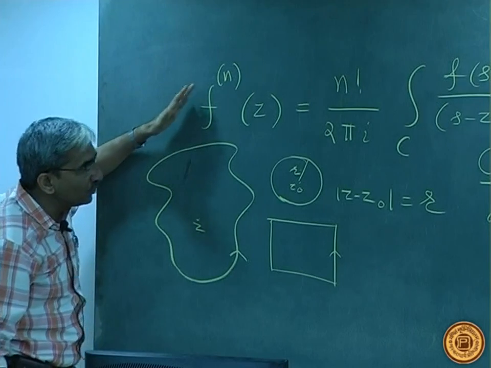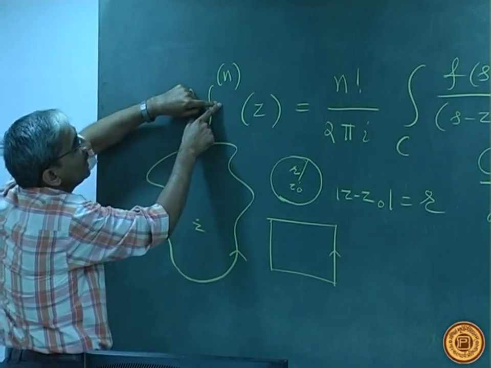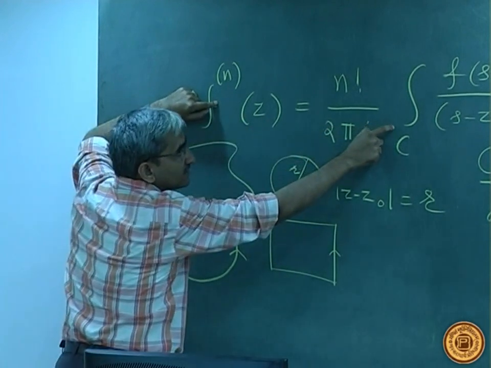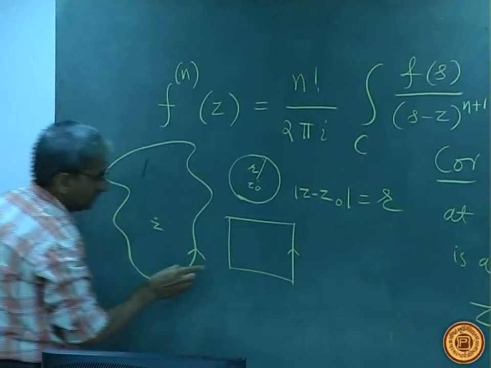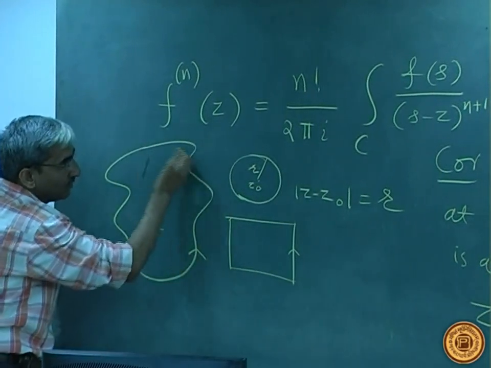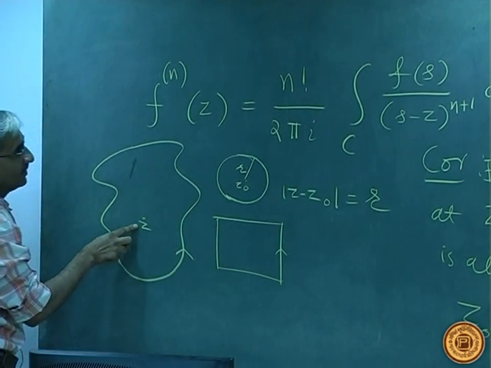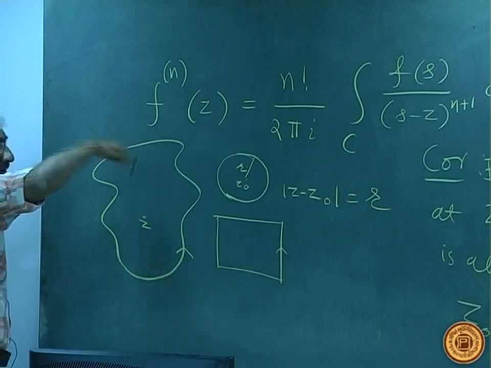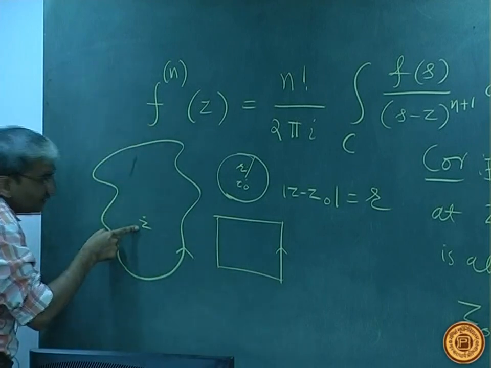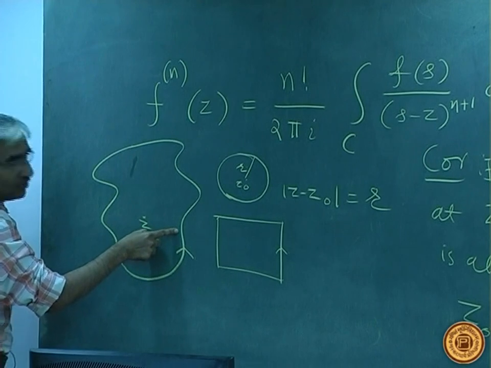So this is the more beautiful part of the theory, that the function values are given in terms of integrals, and the value of s is on the boundary. See this, s runs over the boundary, whereas z is inside. So the values of the function and all its derivatives inside the curve are obtained in terms of the values of the function on the boundary.